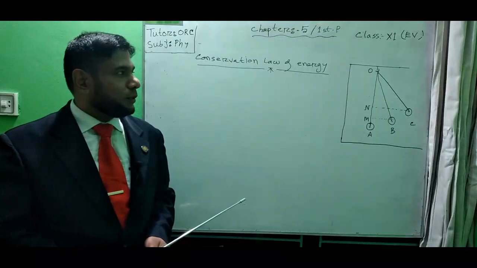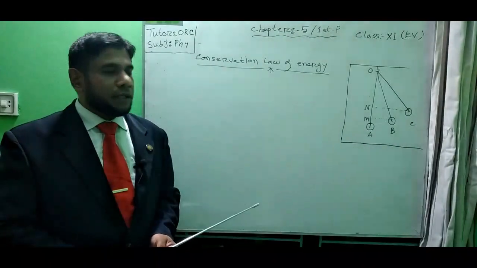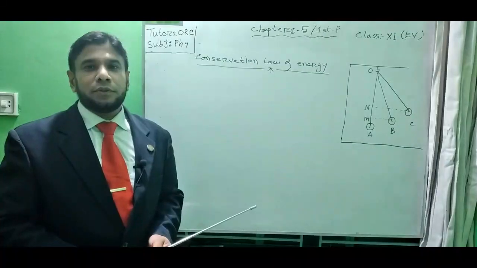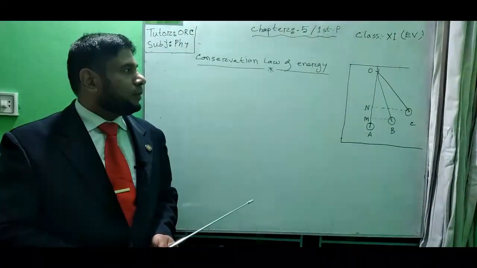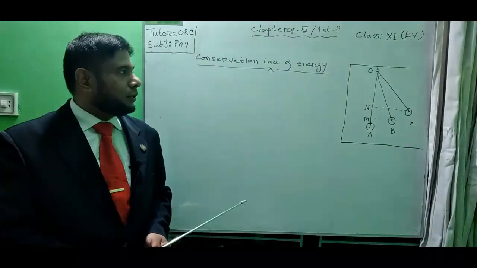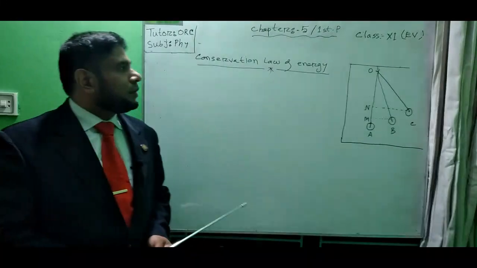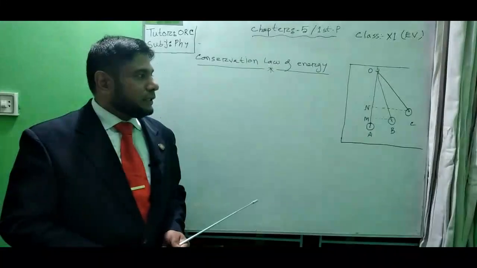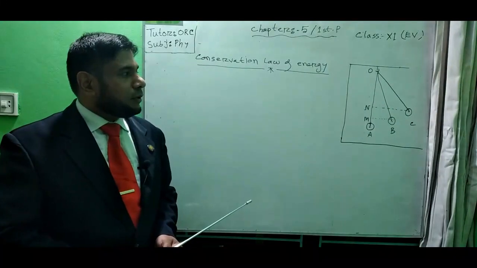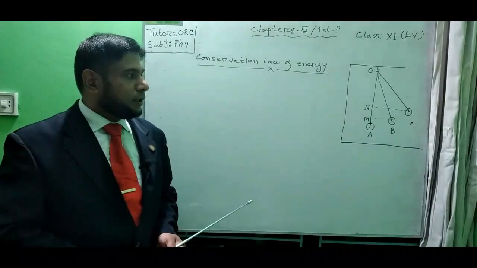When an object was falling to the ground under gravitational force, we found the equation of the conservation law of energy and proved it. So now we will discuss the conservation law of energy for a simple pendulum.